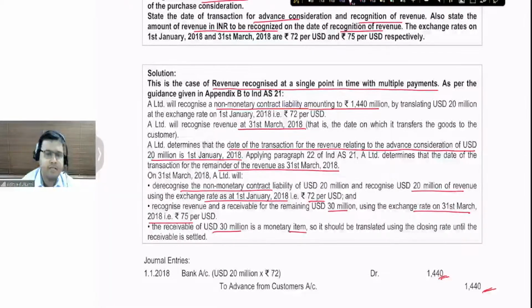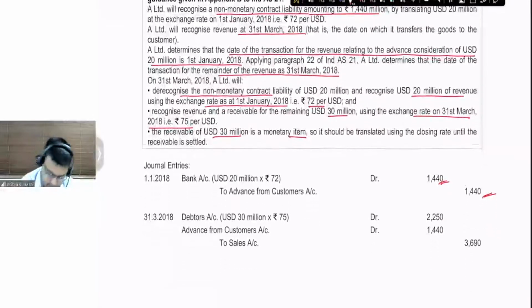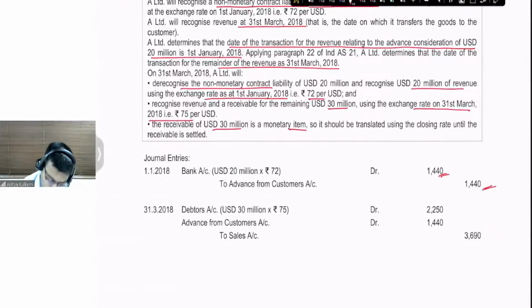And finally, I will restate debtors at the closing rate. Okay. So bank account debit to advance from customers 1,440. On 31st March, I will have a debtor of 30 million into 75, so 2,250. Advance from customers is adjusted.